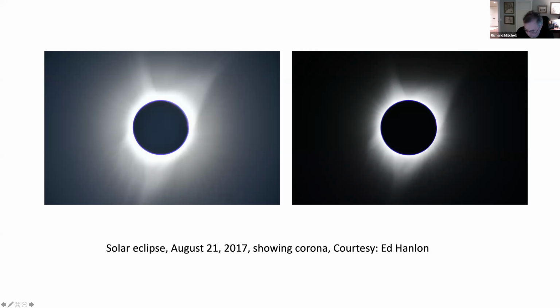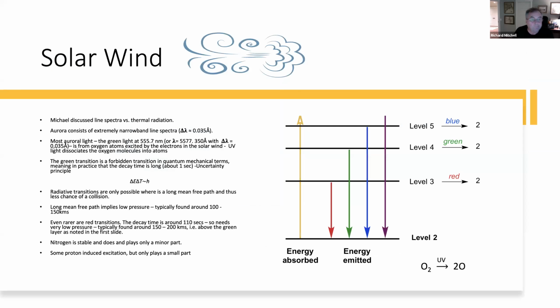So what happens is that the radiation is extremely narrow band. As Michael explained, line spectra. The green transition is a transition in the oxygen atom between certain energy levels, and which are actually forbidden.